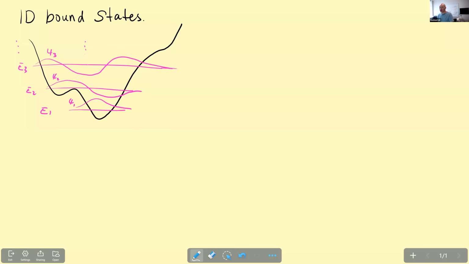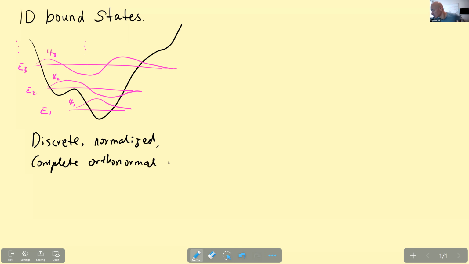So we know that there are a few important features, right? These are states, first of all, they are discrete, normalized, and they actually form a complete orthonormal set.